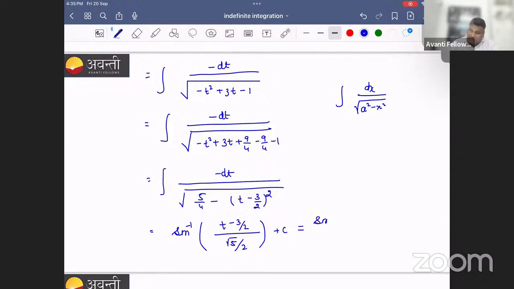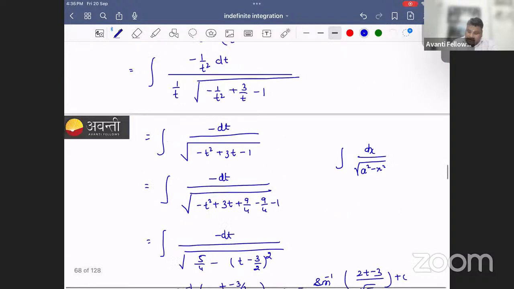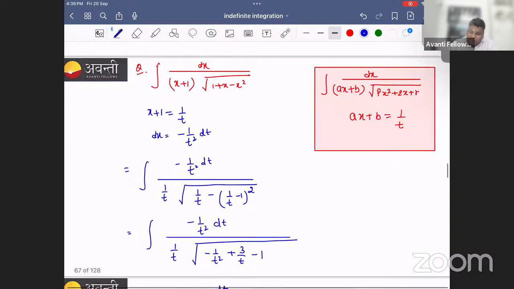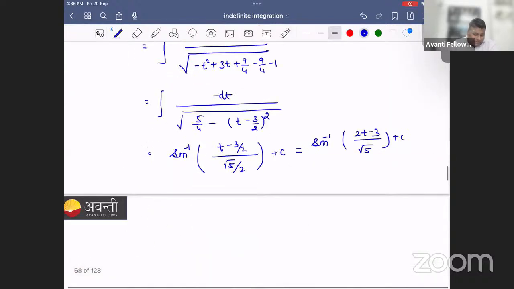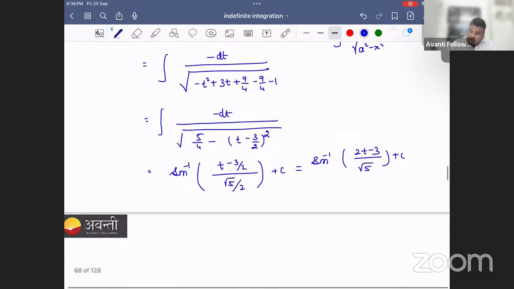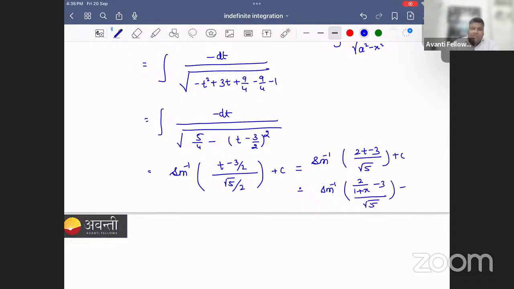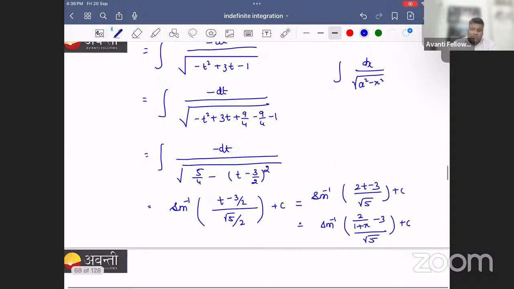That is sine inverse of 2t minus 3 upon root 5 plus constant. And then this t is replaced by 1 upon 1 plus x. So it is sine inverse of 2 upon 1 plus x minus 3 upon root 5 plus constant. See the question.